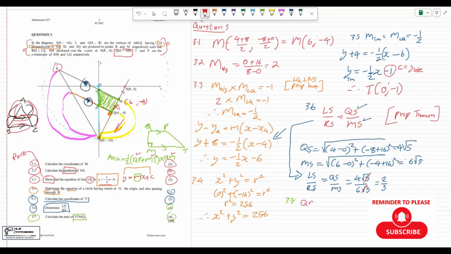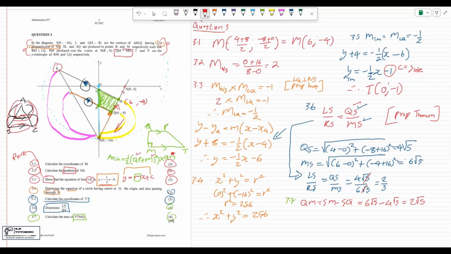QM is going to be SM minus SQ. This one is easy because I already have the lengths of QS and MS. So SM was 6 square root 5 minus 4 square root 5, and this will give me 2 square root 5. That's QM. All right, so I found that.